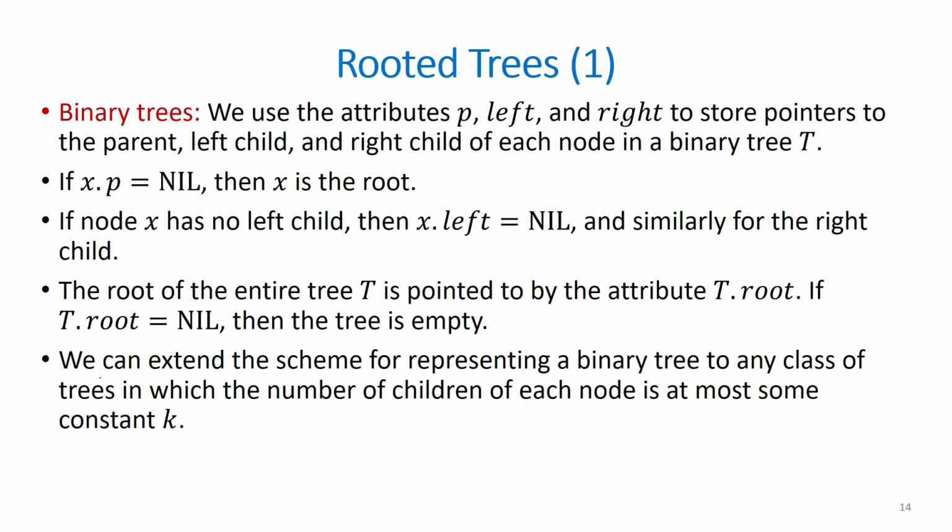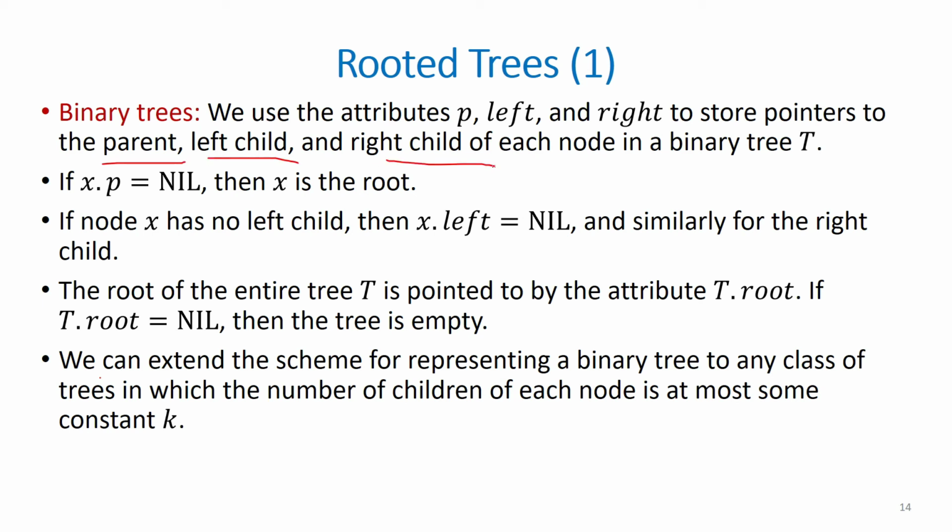To understand what it is, let us first recall what a binary tree is. For a given binary tree T, each node has three attributes: the parent, the left child, and the right child.